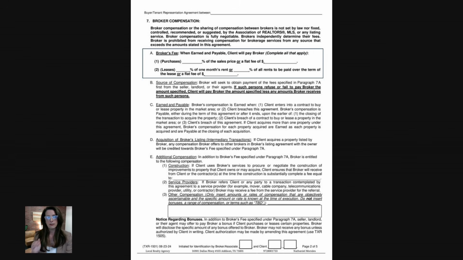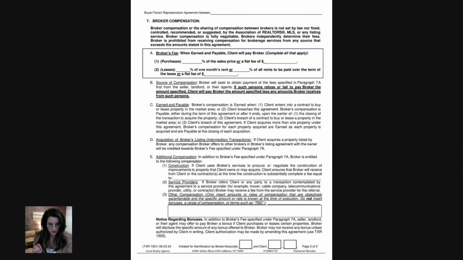The broker has a buyer's agent representing the buyer. Whatever the agreement is from the listing agent, even though it's all in-house, it's all from the same brokerage, it's actually laid out here for you. So in case that scenario happens, your compensation is protected. Let's go to paragraph C, earned and payable. So, paragraph D, acquisition, brokers listings.